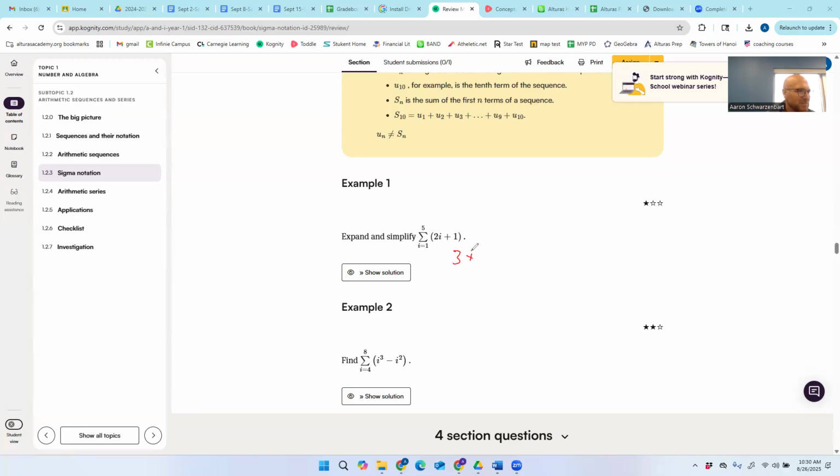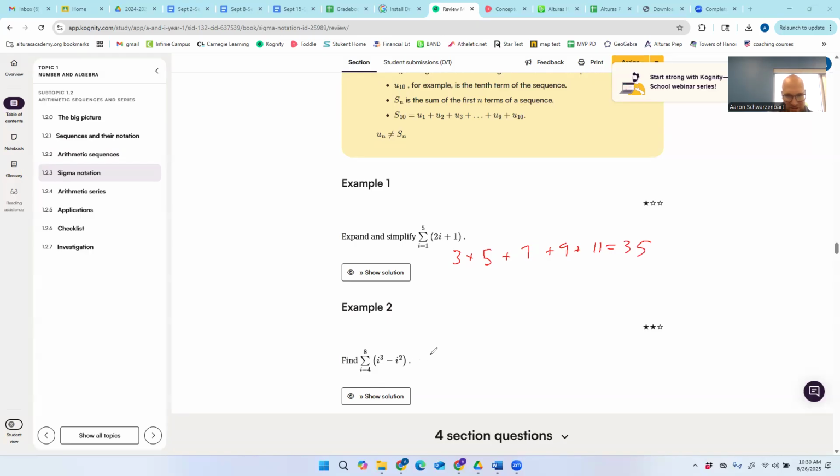Plus, next one, 2. 2 times 2 plus 1 is 5. Plus, 2 times 3 plus 1 is 7. Plus 9 plus 11. So when I add all of those up, I get 20, 27, 32, 35.